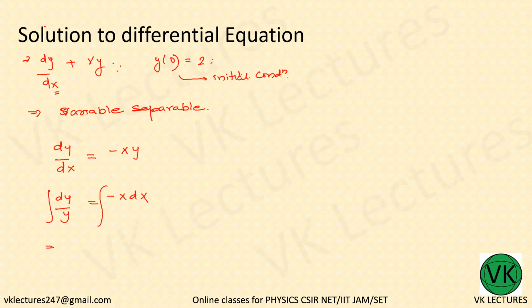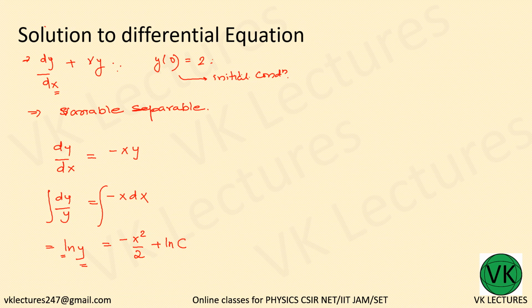The integral of dy by y is nothing but log y, which equals minus x square by 2. Since y is a function of log, your constant should be written as log c. Now this is our equation: log y equals minus x square by 2 plus log c.